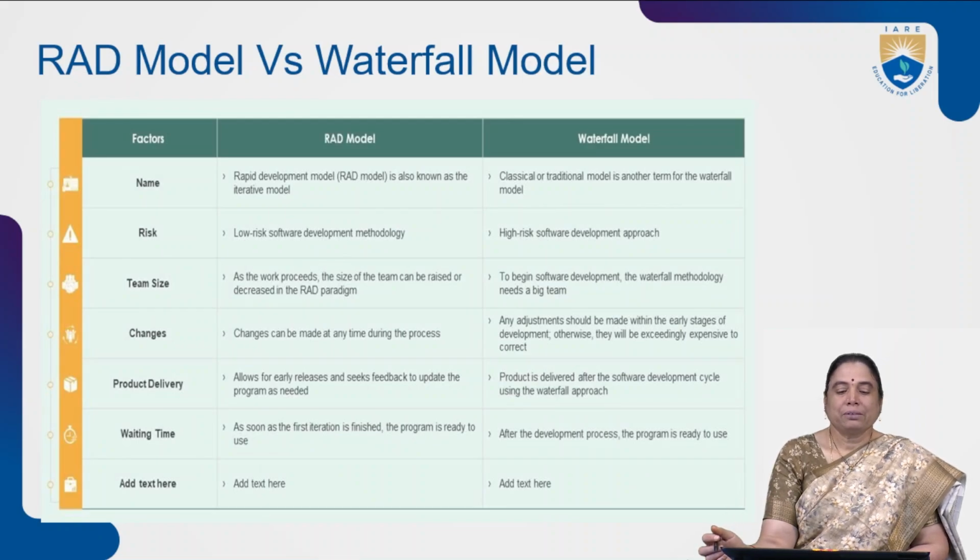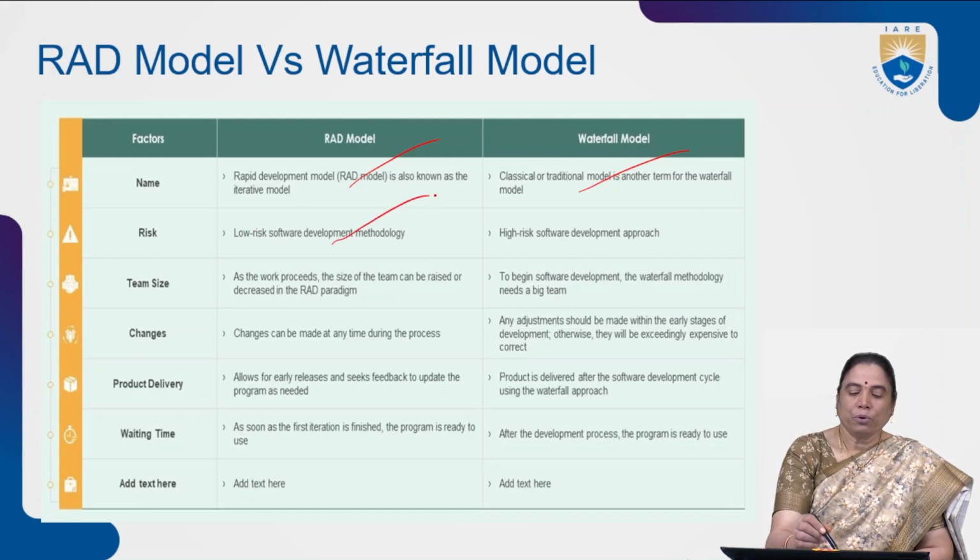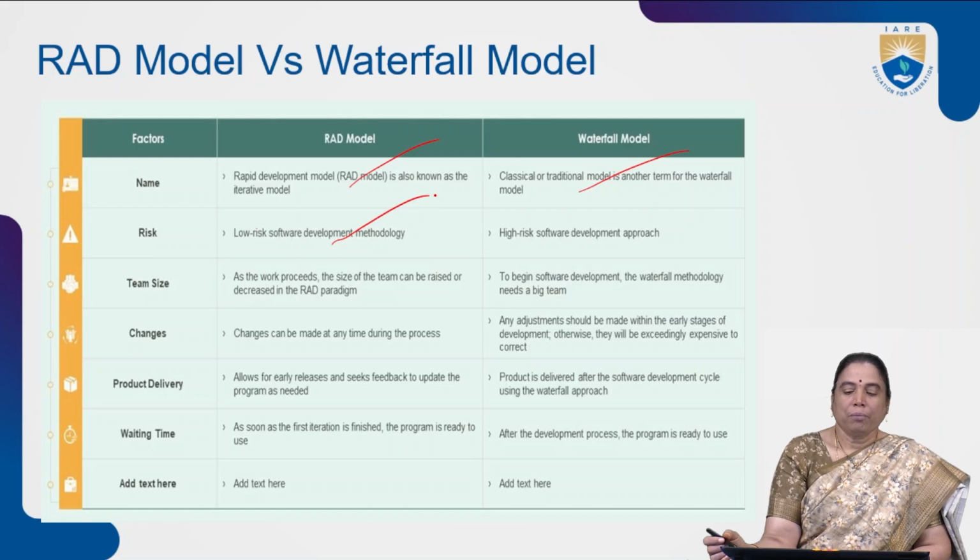The basic difference between the RAD and waterfall models is in the name itself: rapid application development versus the waterfall model. There is low risk in the RAD model, but in the waterfall model the risk is high.